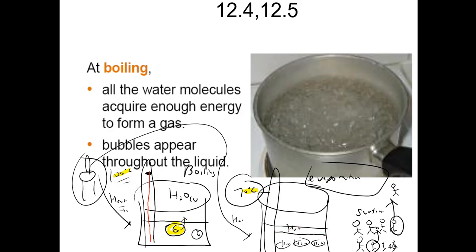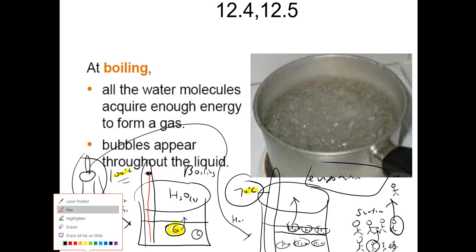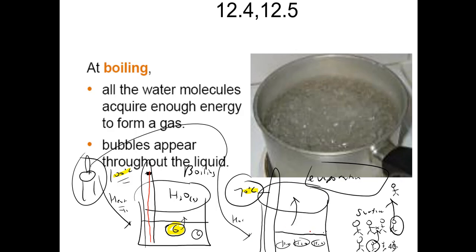Same thing with evaporation. It's the surface water molecules that are less surrounded by other molecules, and they're able to escape. In evaporation, it's the surface molecules that turn into a gas one layer at a time. That top layer will escape, and then it will expose the next layer, and those molecules will escape, and the water level line will slowly go down as water molecules are released one layer at a time.